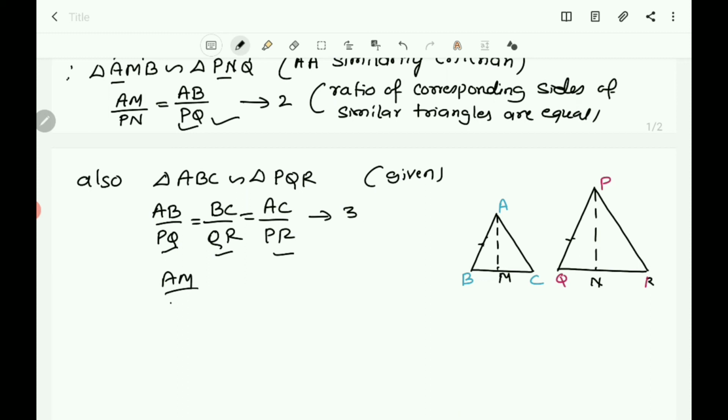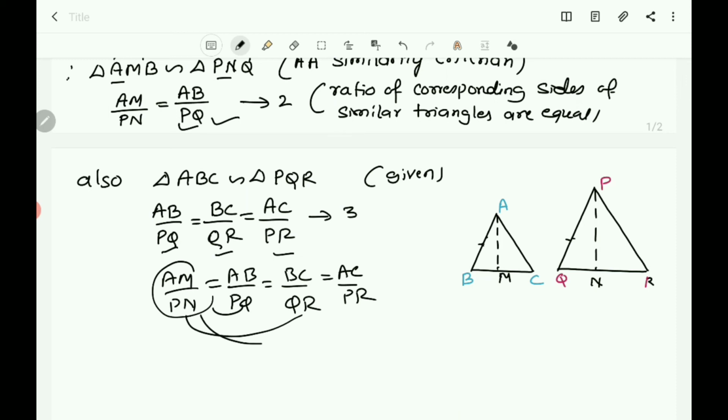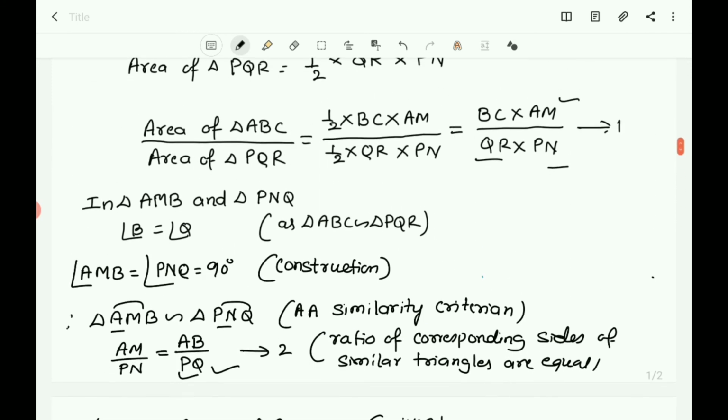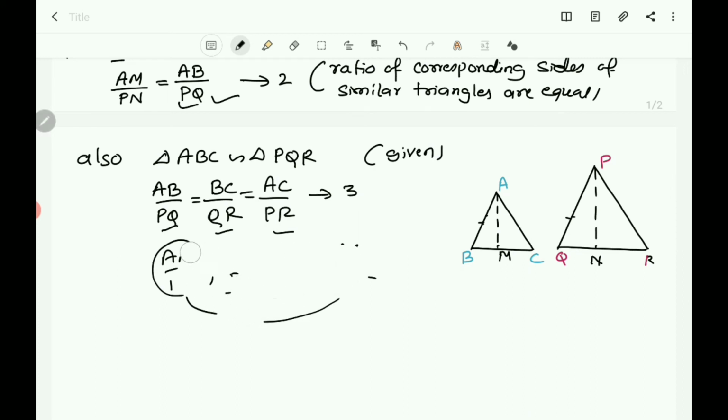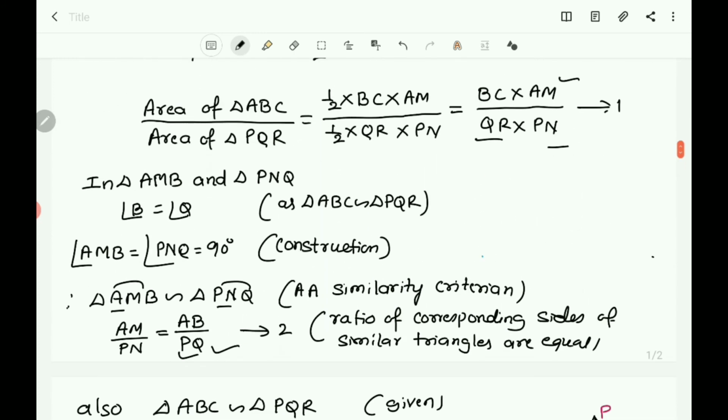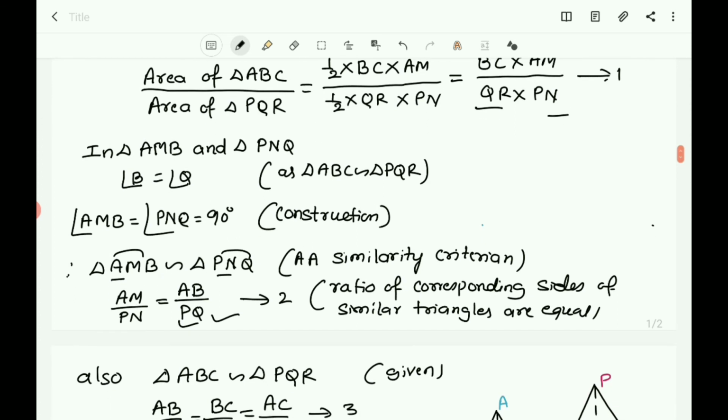So you can write BC by QR into AM by PN in terms of AB by PQ, that is, AB by PQ into AB by PQ.